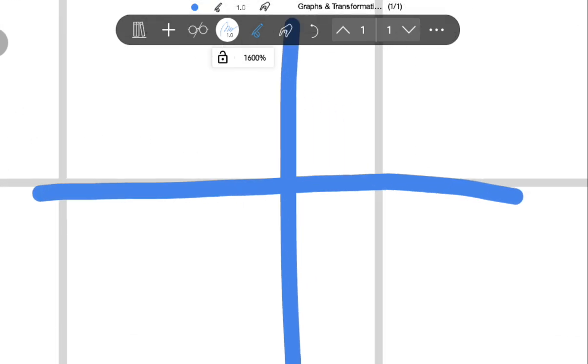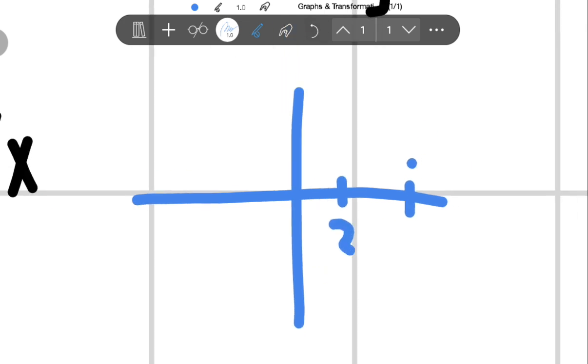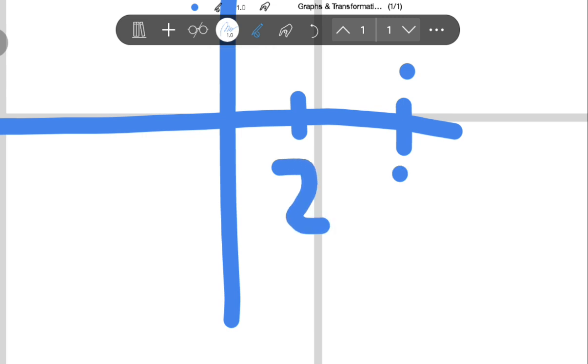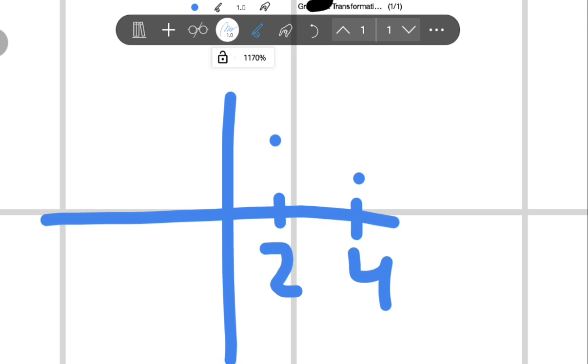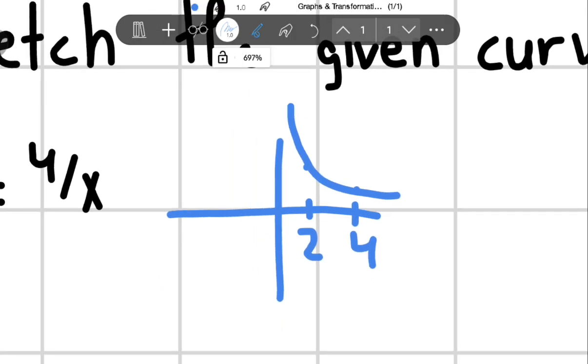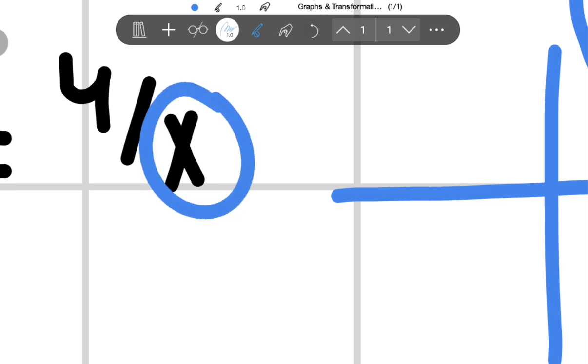So basically we know that at 4 over 4, when you have x to be 4, it will be 1 here. And 4 over 2, if we were to say that here is 2 and here is 4, for example, 4 over 2 is basically 2, and we can just say it's going to go along like this, and it will never touch the y-axis in this case.